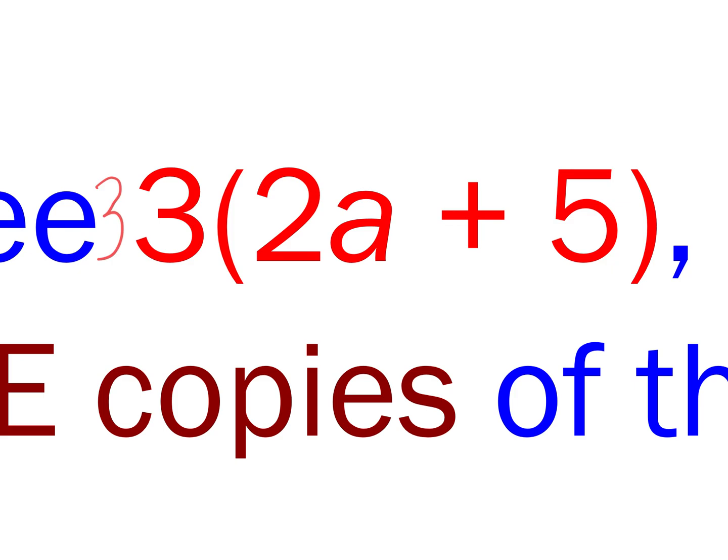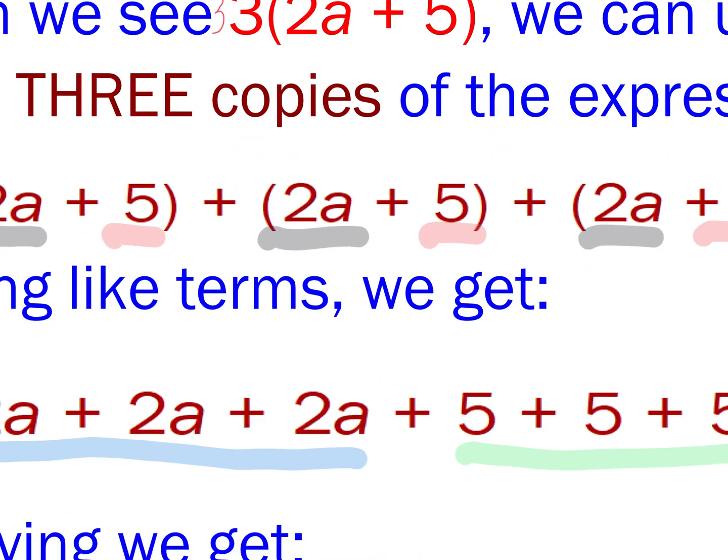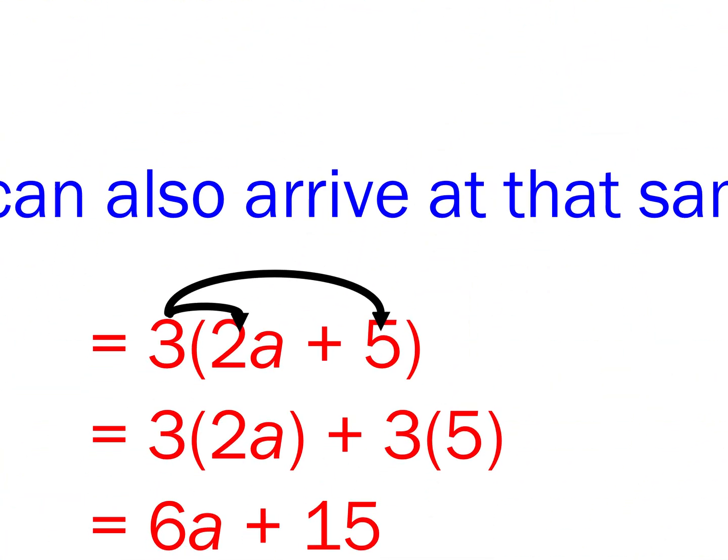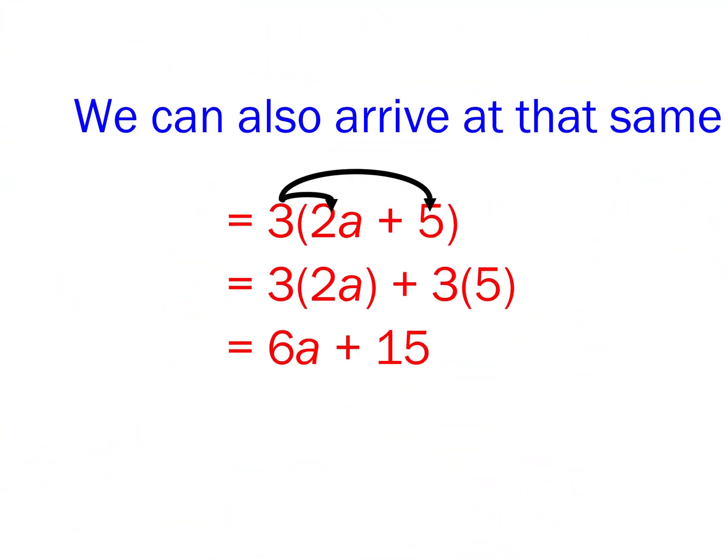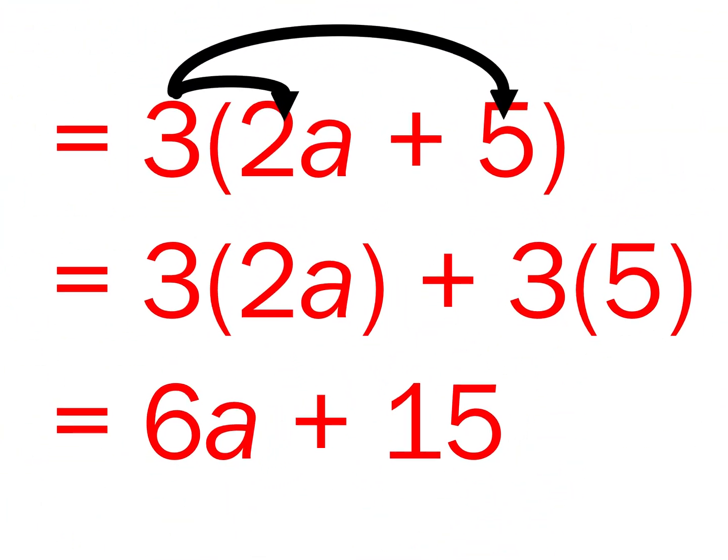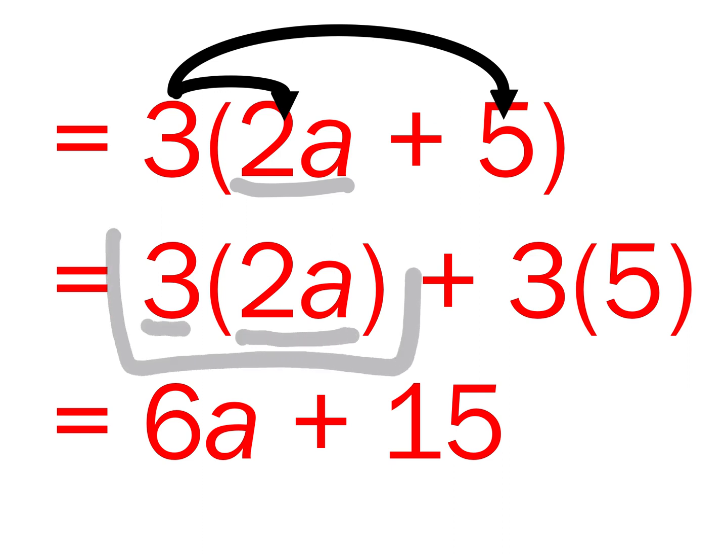So what we can also do is look at the number that is in front of the bracket, and we can multiply it by the first term. So that's 3 times 2a. And then we can multiply it by the second term.